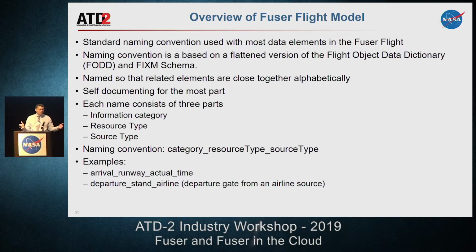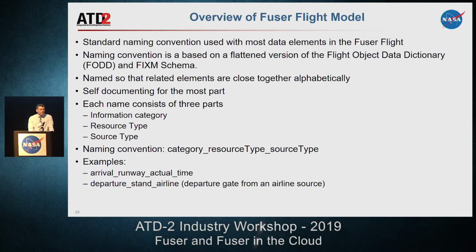I know our naming convention is incredibly verbose, but it's also somewhat self-documenting. If you're looking at the data in that field and it says arrival, runway, actual time, well, it applies to arrival at the runway point, it's considered an actual for us, and it's a time element, and that's consistent throughout the whole.